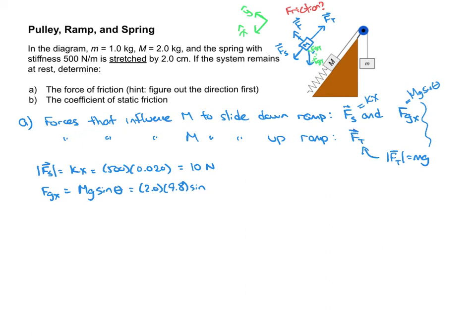Okay, so the question is missing some information here. So I'm going to give in the angle here, and I'll make it 60 degrees. Okay, so I'll calculate this now.